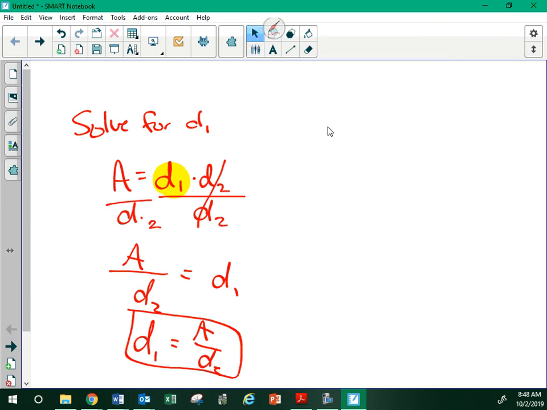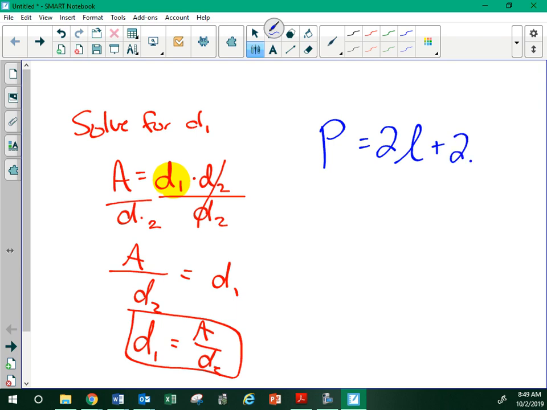Another example would be, actually let's start with perimeter. It's a good one. Perimeter of a rectangle, P equals 2 times L plus 2 times W. And let's suppose they ask to get W alone. So same thing as before.